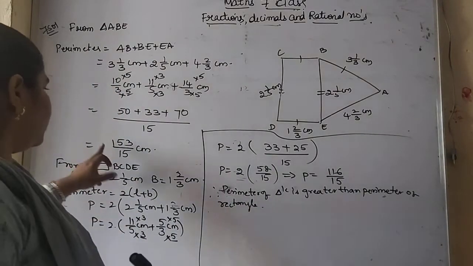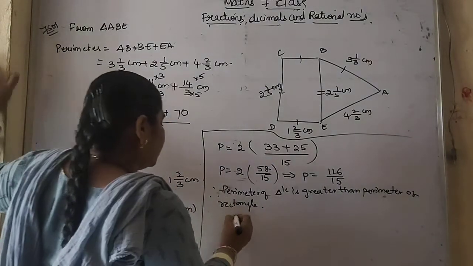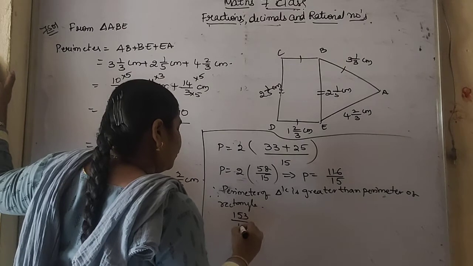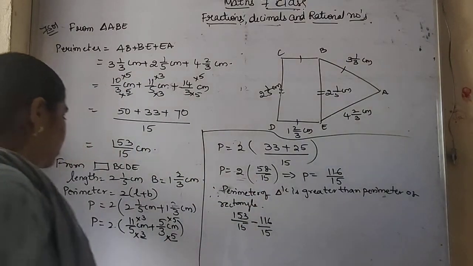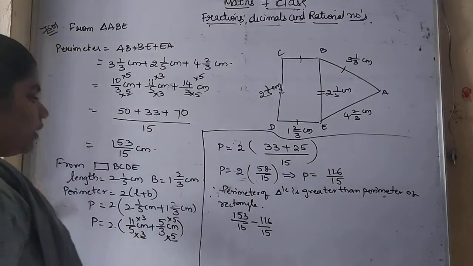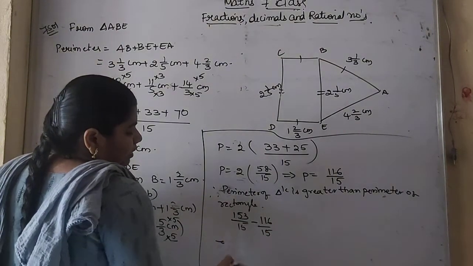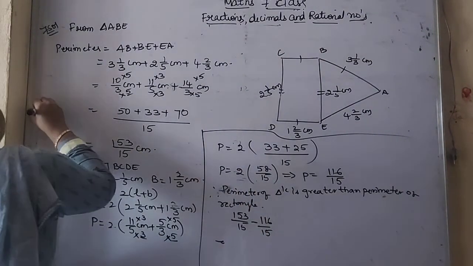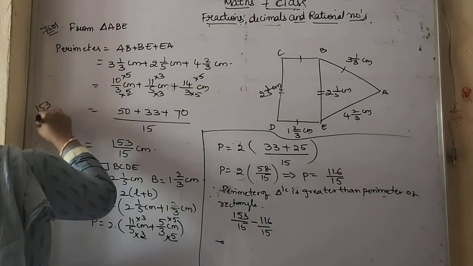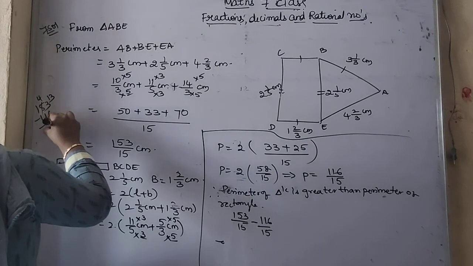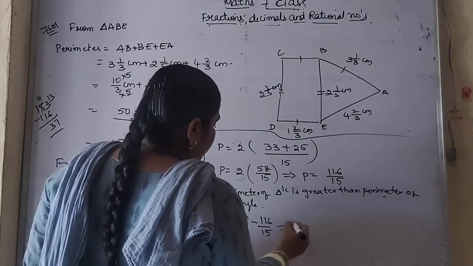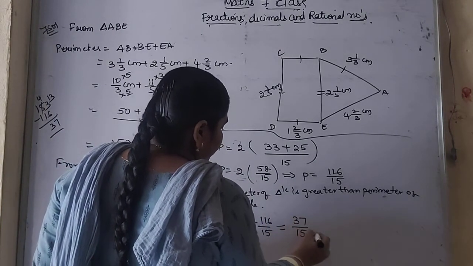By how much means we have to subtract both values, that is 153 by 15 minus 116 by 15. If you subtract this, that will be equal to 37 by 15.